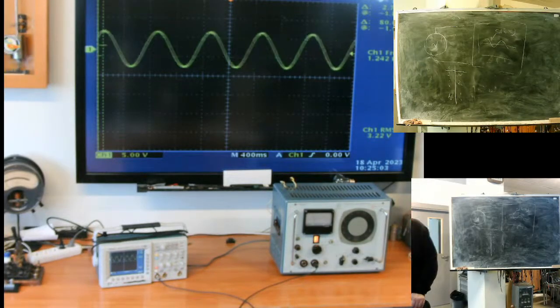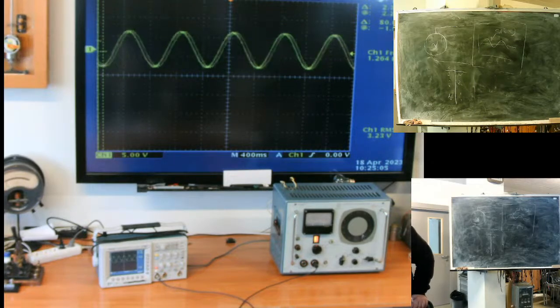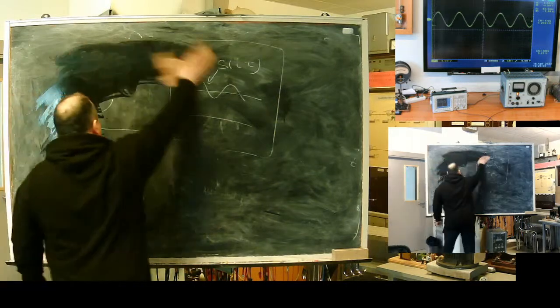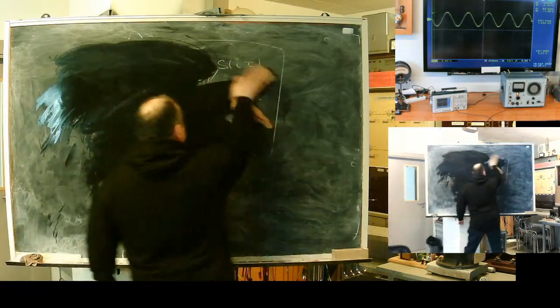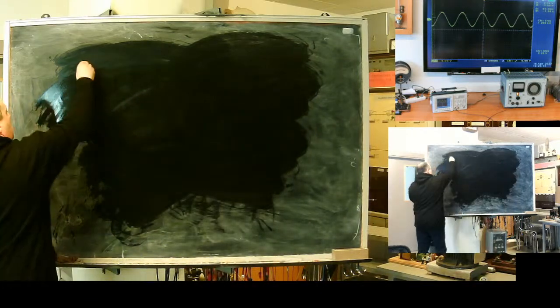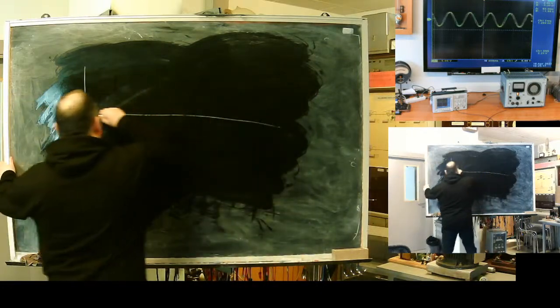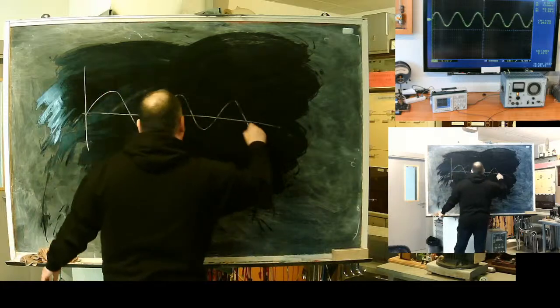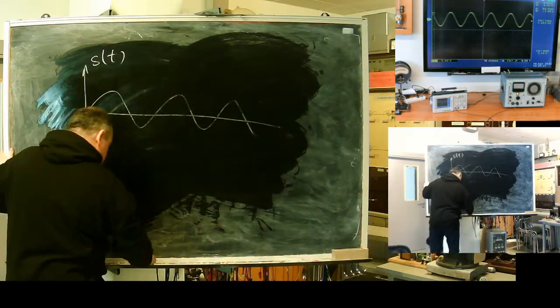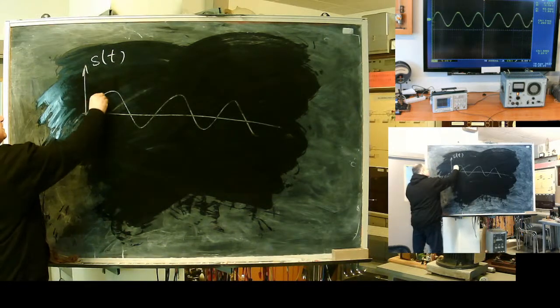What's the idea behind aliasing? I have an original continuous signal. The scope performs sampling.